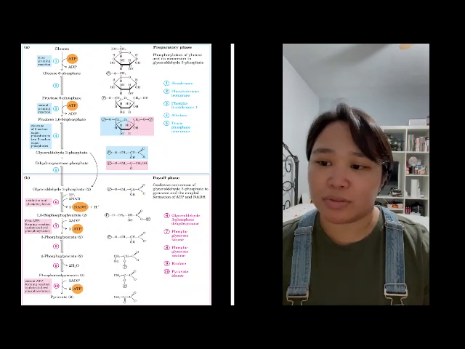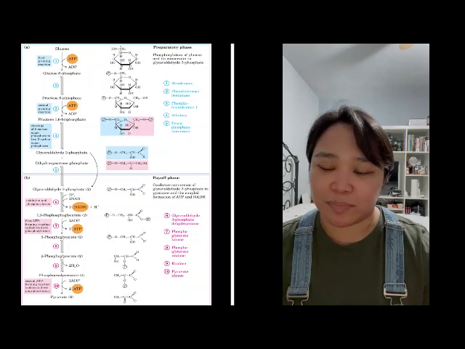Fifth, triose phosphate isomerase transforms the dihydroxyacetone phosphate into glyceraldehyde 3-phosphate. So now we have 2 molecules of glyceraldehyde 3-phosphate.